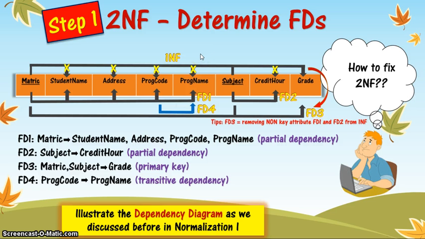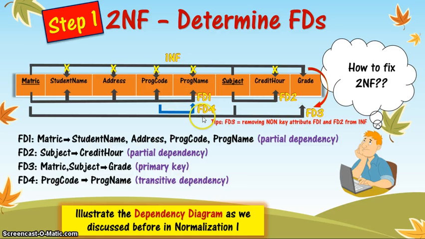So we know that previously we already determined all these FDs. The first FD is metric determines student's name, address, prog code, prog name. Subject determines credit hour. Metric and subject determine grade.